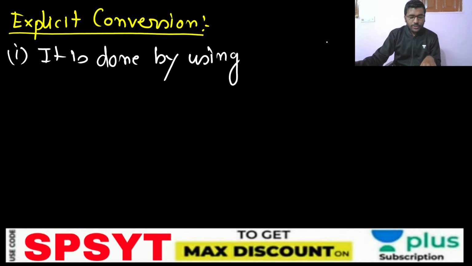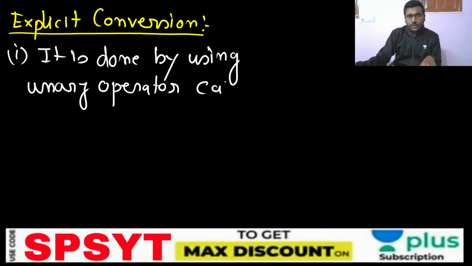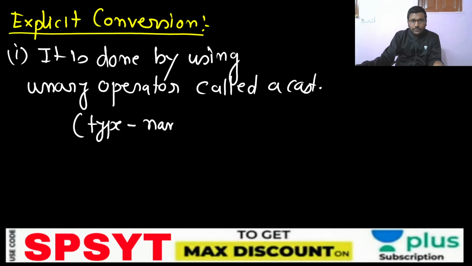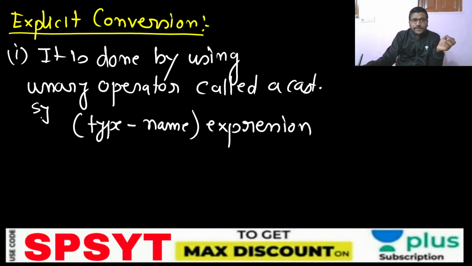So the syntax is like this: here you will write the type name, and here you will write the expression. It will convert whatever it is to the type you are writing. This is the syntax.